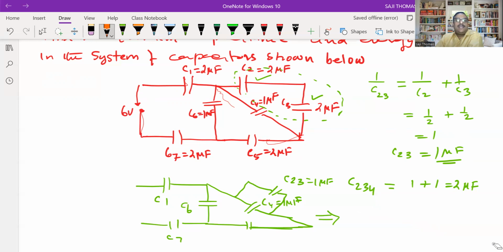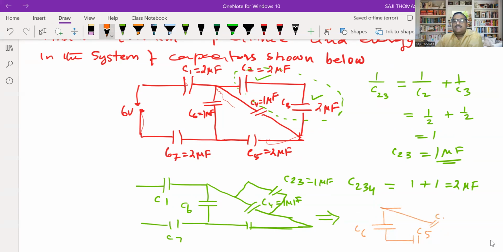Again, you can reduce the diagram. This was C6. Here there is a capacitor, that is C5. Okay, so this you replace.